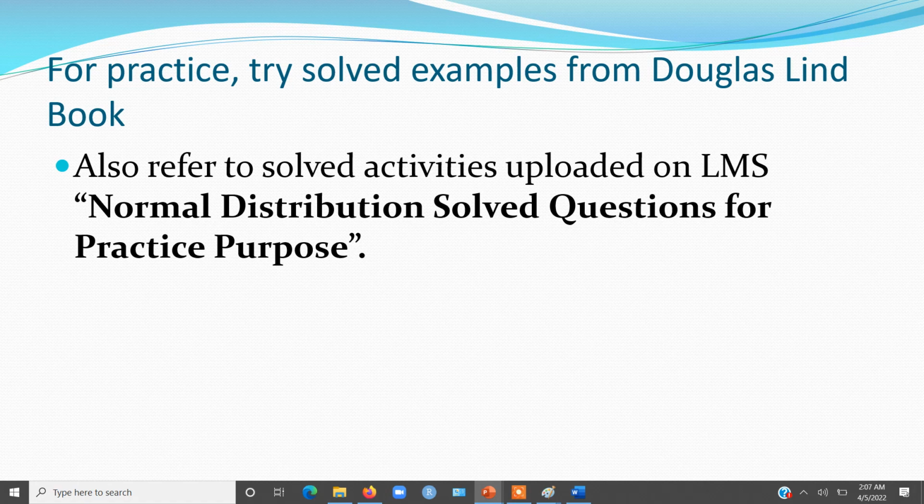All the practice questions that I discussed today are not from the Douglas Lind book. They are additional resources. Now you can go and acquaint yourself further with the topic. You can go to the book and focus on the solved examples to see, without looking at the solution first, whether you are able to come up with the required answer or not.